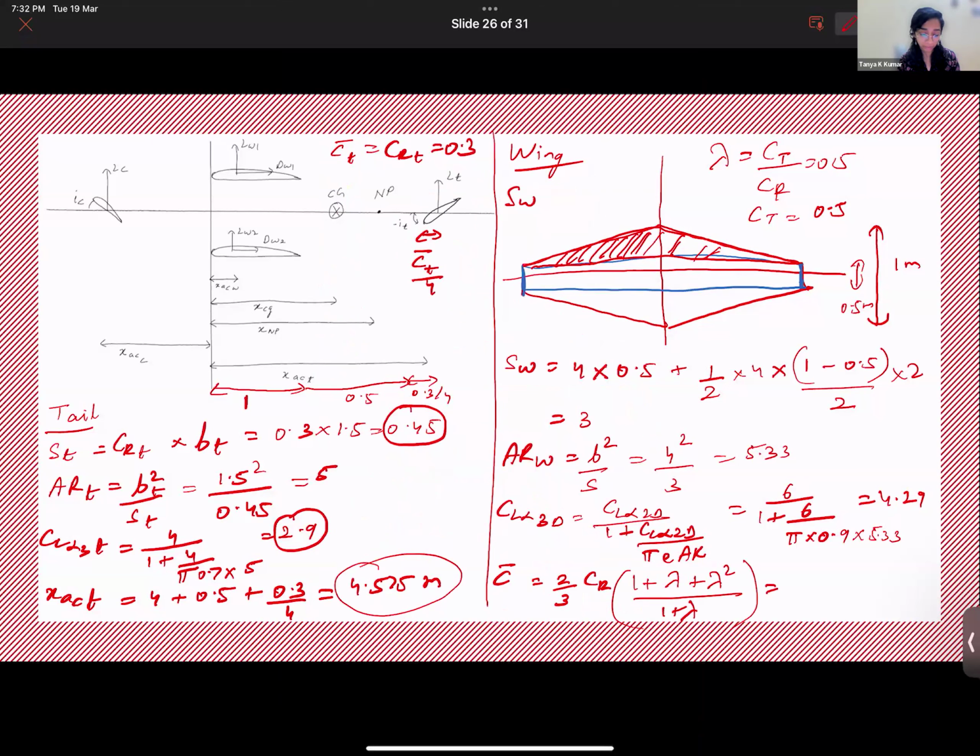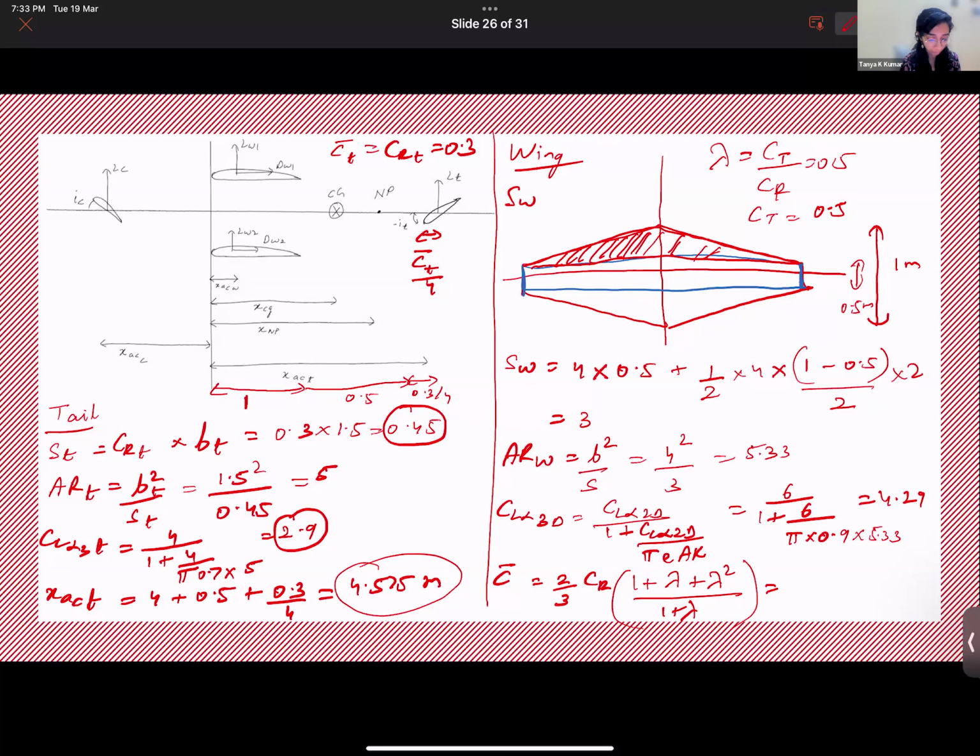Can you substitute the values and tell me what the answer is?